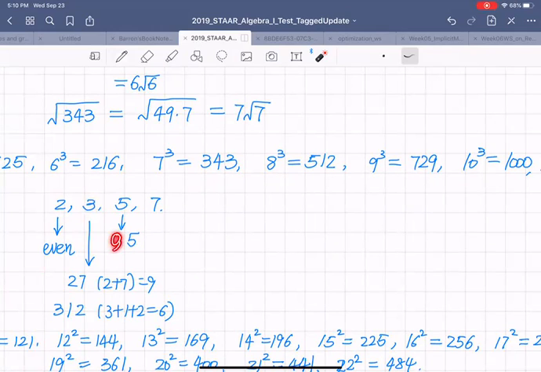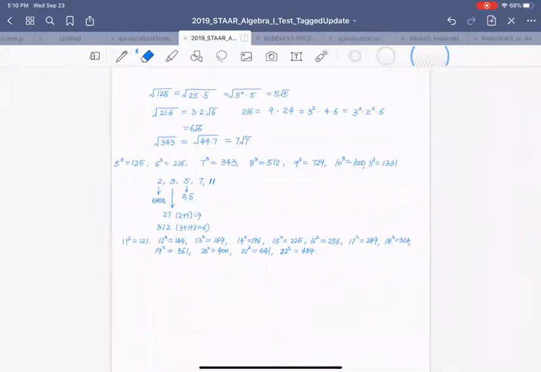If the last digit is 0 or 5, you divide it by 5. If none of them work, then you can try 7. If 7 doesn't work either, then you can try 11. Okay? Yes. All right.